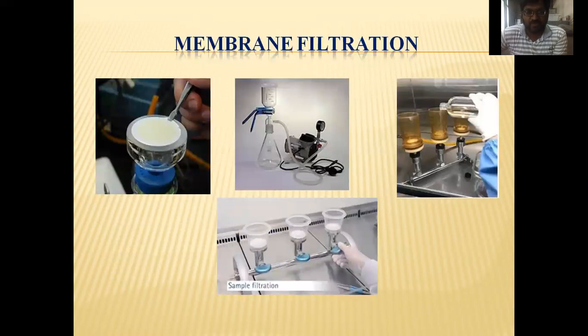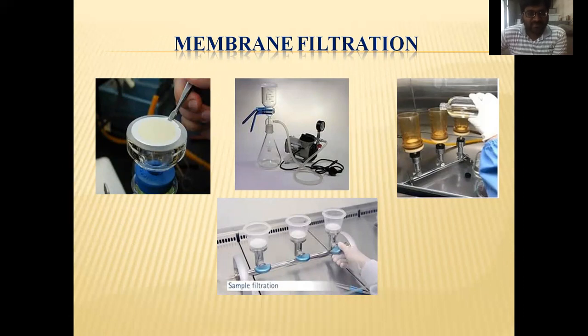You can see in the first picture, this is the cellulose membrane, and the pore size is 0.45 micrometer. The second picture shows the apparatus for the membrane filtration method. It contains a sample holder to hold the sample container and the vacuum flask.